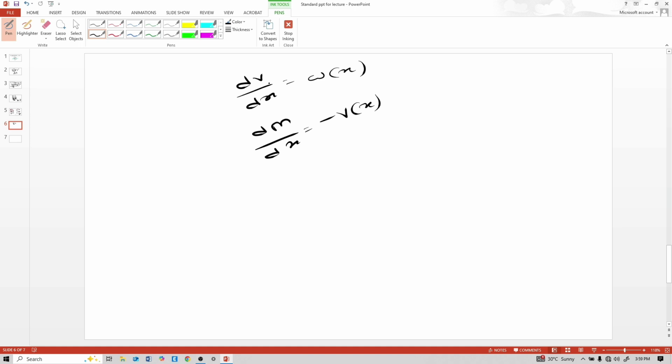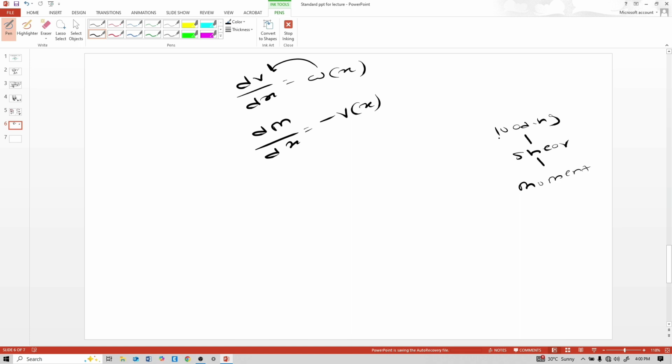We calculate from loading, we calculate shear, and from shear we calculate moment.